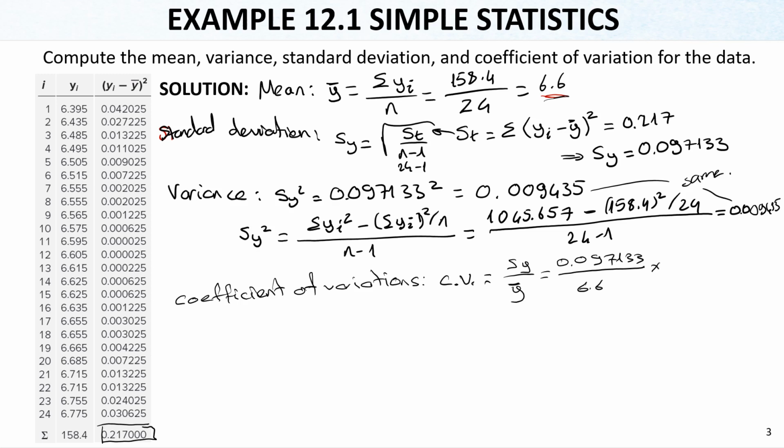Of course, let's multiply by 100 to have a percentage of it. It gives us the value of 1.47%. So there is about 1.5% variation in the data. It can tell this to us. So these are the basic statistical parameters that we should know about finding the statistics of the data.